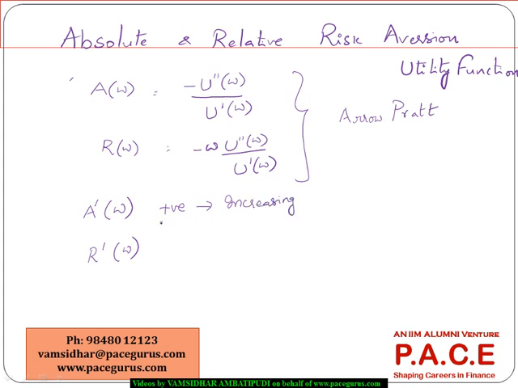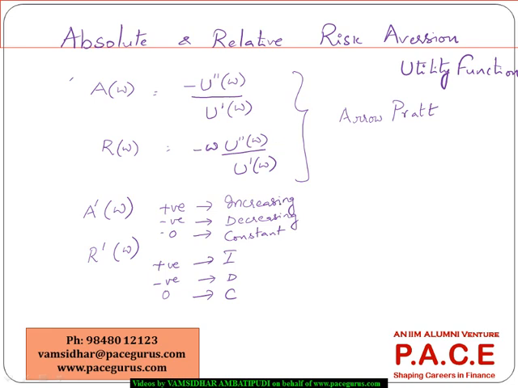If it is negative, I can say that the investor is exhibiting decreasing absolute risk aversion. And if it is zero, I can say that the investor is exhibiting constant absolute risk aversion. The same thing goes with the relative risk aversion also. Positive means increasing, negative means decreasing relative risk aversion, and zero means constant relative risk aversion.